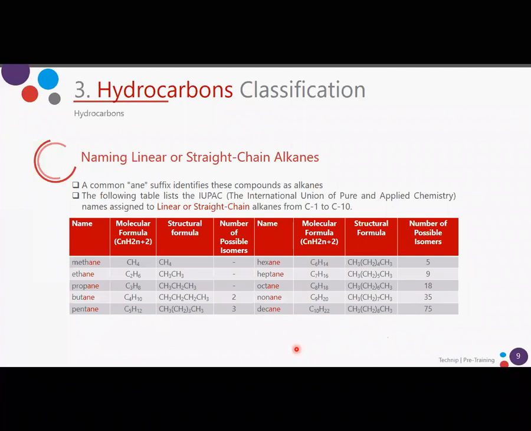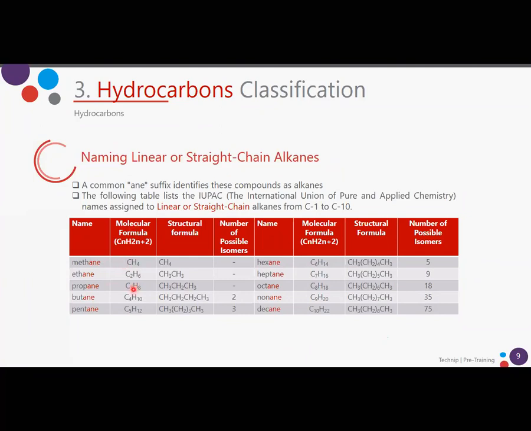How do we name linear or straight chain alkanes? This is the common suffix for the alkanes, the "ane". And we will see here the names. The simplest alkane is methane, with only one carbon.